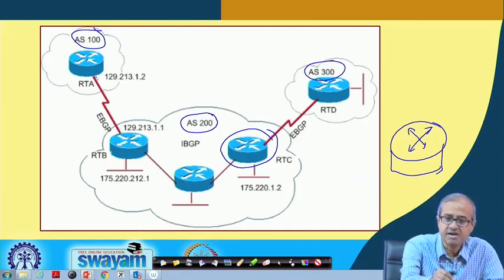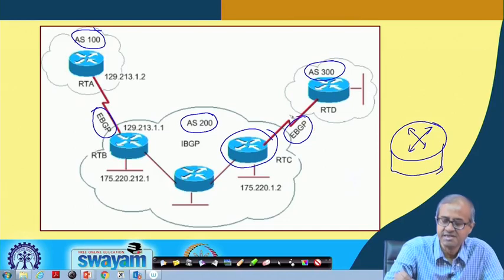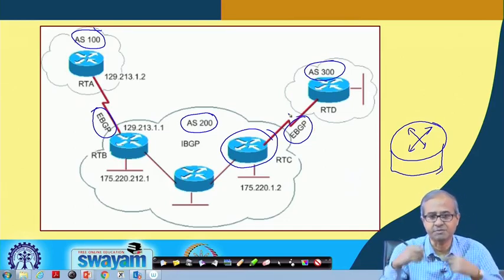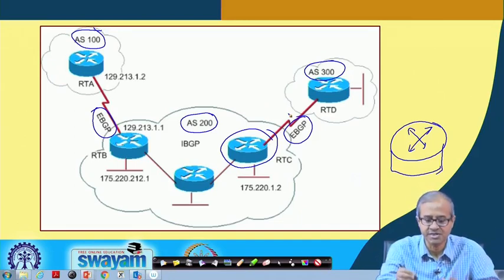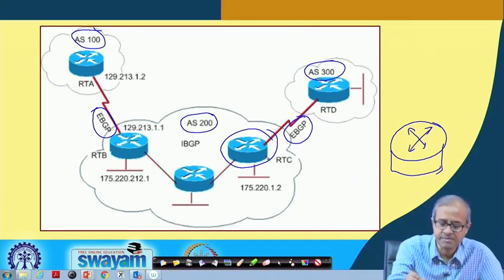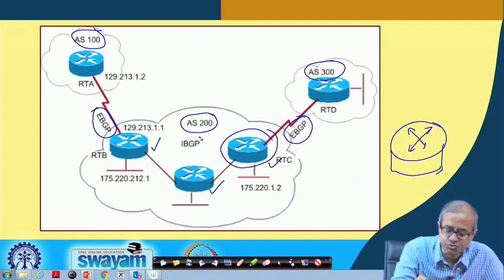So, there are boundary routers which are running exterior BGP, which is the conventional BGP, which is supposed to be used as exterior routing protocol. But as I said, even inside this autonomous system, these 3 routers can choose to use internal BGP, IBGP.